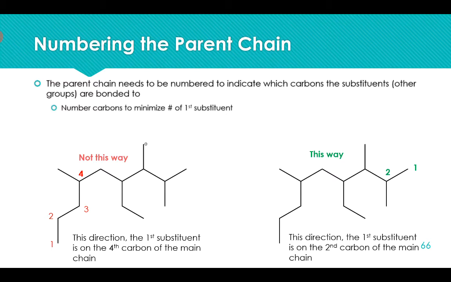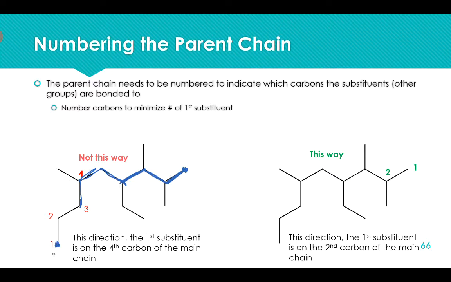All right, so here's that molecule that we found the longest chain of before. When we do number our chain, we want to minimize the number of the first substituent. So if you remember, our parent chain came down and around like this. And so the 2 ends were here and here.